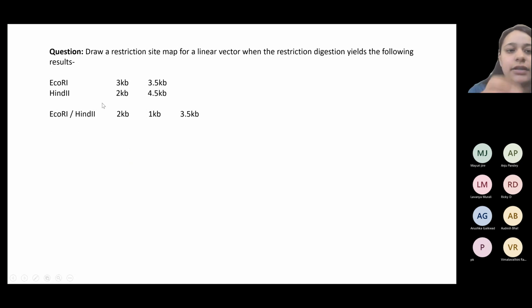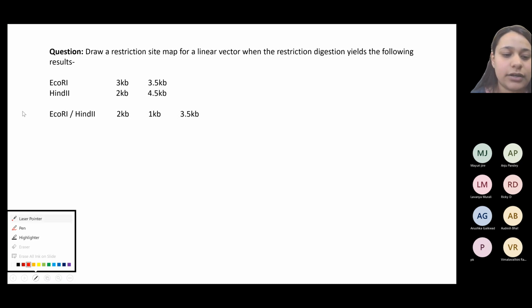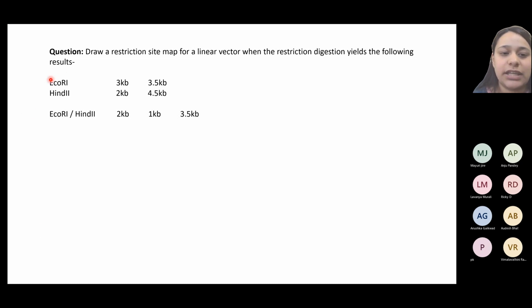This question says that draw a restriction map site for a linear vector when the restriction digestion yields the following results, right? So it says that if there is a restriction digestion by EcoR1, then a 3 kb fragment and a 3.5 kb fragment will be received.